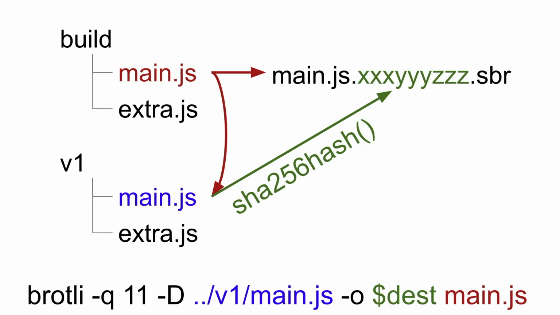And after you've done your main build with your bundling and everything else, you can run a Brotli or a zstandard command line that takes the hash of your v1, your older file, so that you know what the dictionary signature is going to look like for that as a dictionary. And you basically tell Brotli, compile this new version using the old version as a dictionary and name it with the hash in the file name.